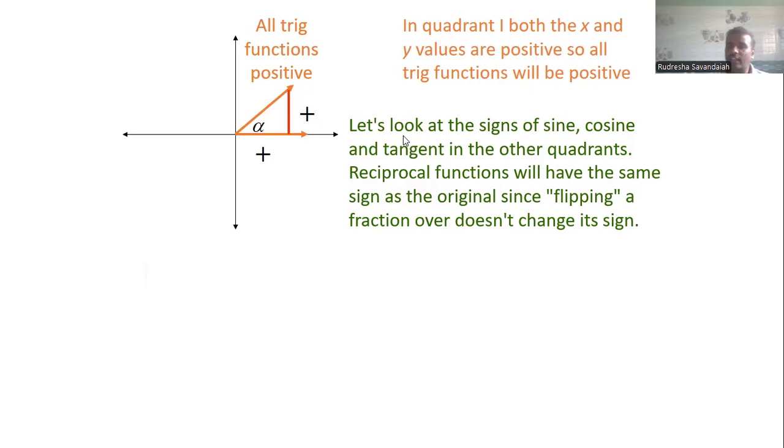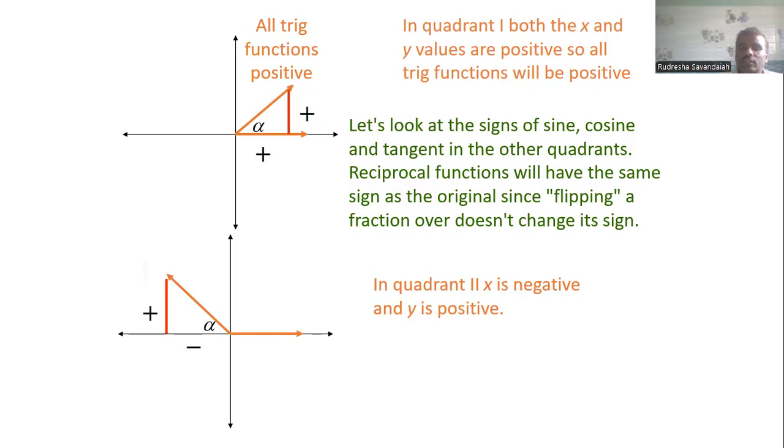Let's look at the signs of sine, cosine and tangent in the other quadrants. Reciprocal functions have the same sign as the original functions. Flipping a function over does not change its sign. In quadrant two, x is negative, y is positive.